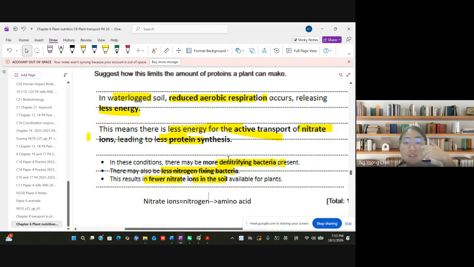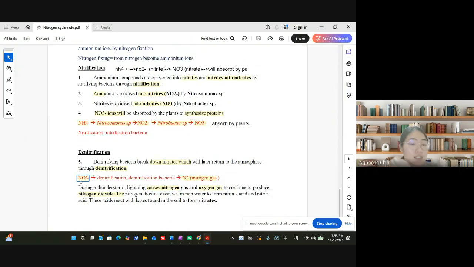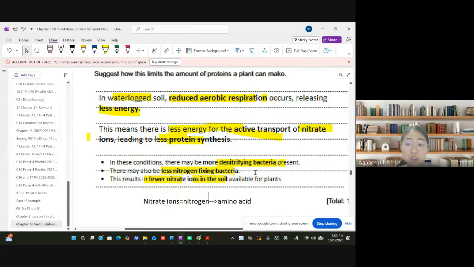It is because you want to convert the nitrates into nitrogen gas and release it back into the atmosphere. So that's why you need the denitrifying bacteria. And you also have less nitrogen fixing bacteria because you have a smaller amount of nitrate ions.